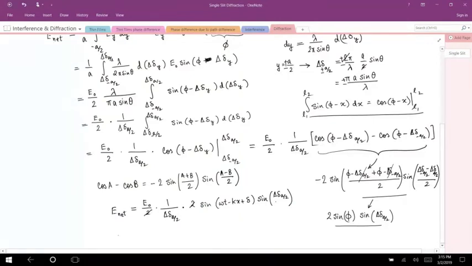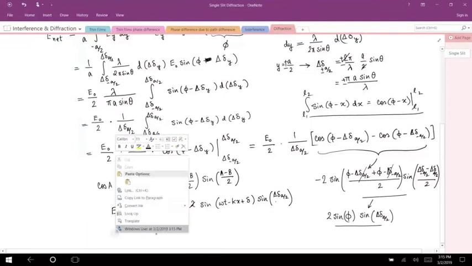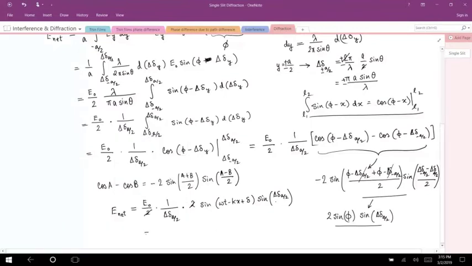And so notice the amplitude part of this. Let me write this electric field one more time. So this is E0 times sine of delta delta A over 2 divided by delta delta A over 2 times sine of omega t minus kx plus delta.